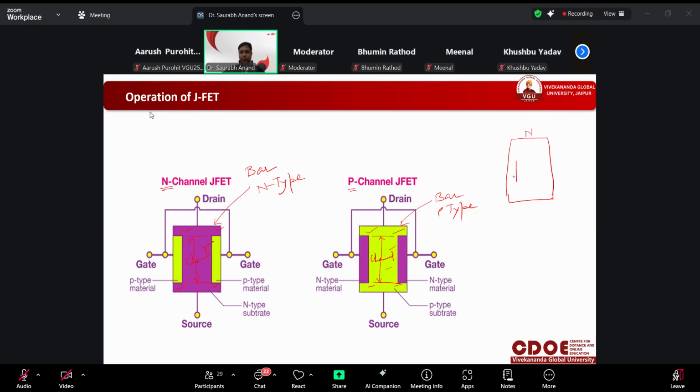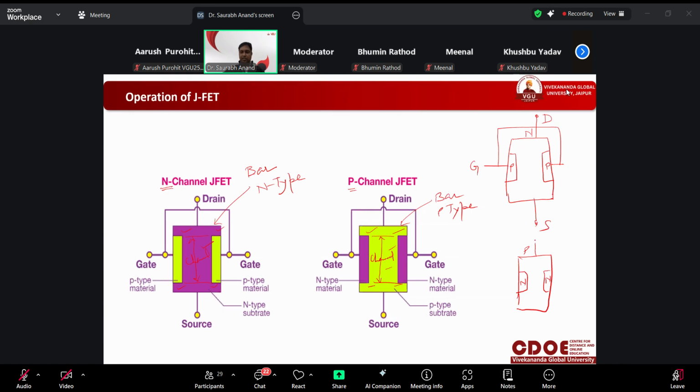And we diffuse two regions like this. If the bar is N type, then the diffused regions will be P type. If the bar is P type, then the diffused regions will be N type, the opposite. These diffused regions are interconnected like this, and this becomes the gate. The terminal connected here is the drain, and this is the source.